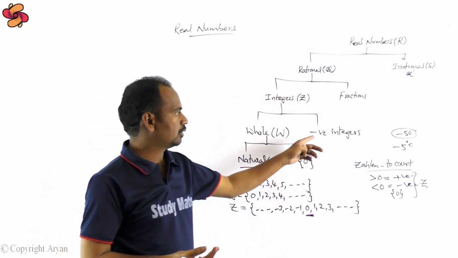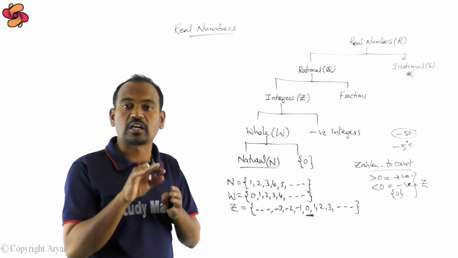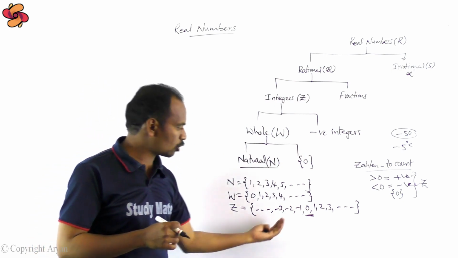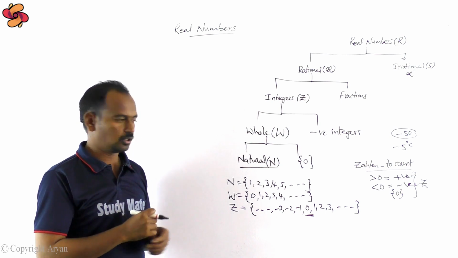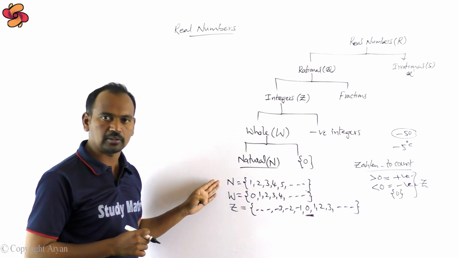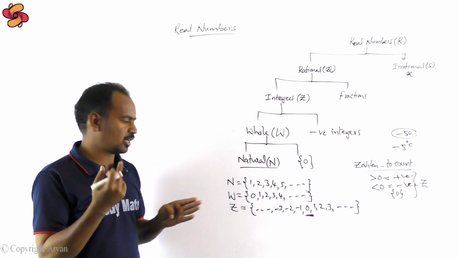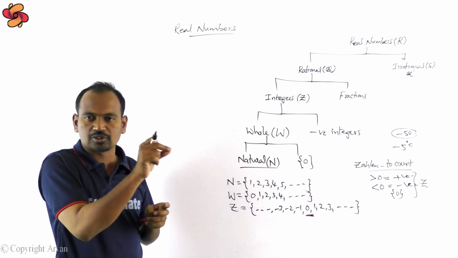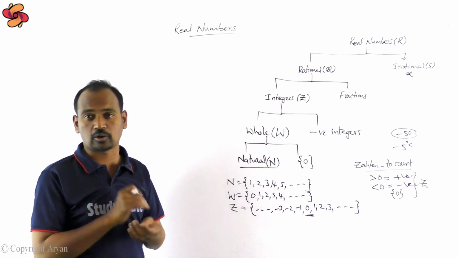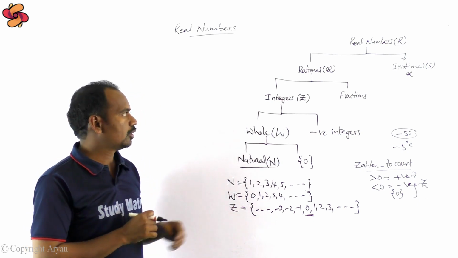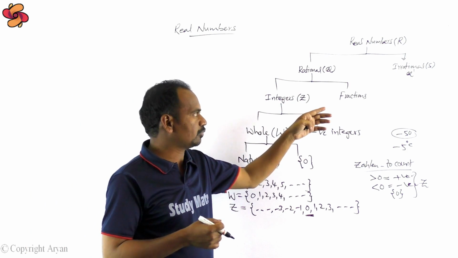And you know about the number line also. So we will have a natural number line, as well as a whole number line. It will start at 0 onwards. And here the integer number line also we have. Afterwards we will discuss them.